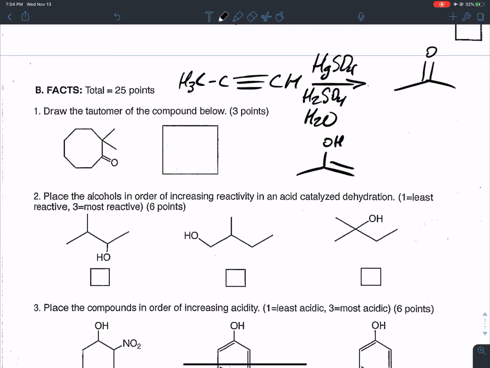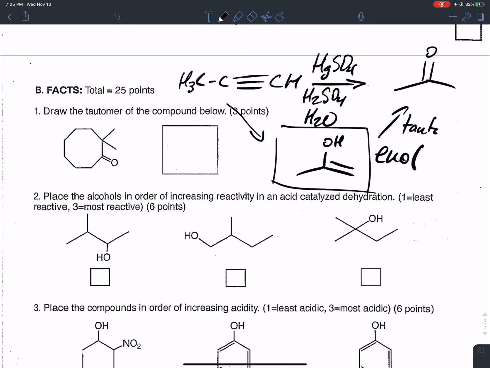So first thing, you add this OH and it's immediately next to the double bond. This is called an enol. Enols are unstable. So even though this enol is the first product of the reaction, it's just an intermediate. It's going to immediately tautomerize into a ketone. Get comfortable with that conversion.